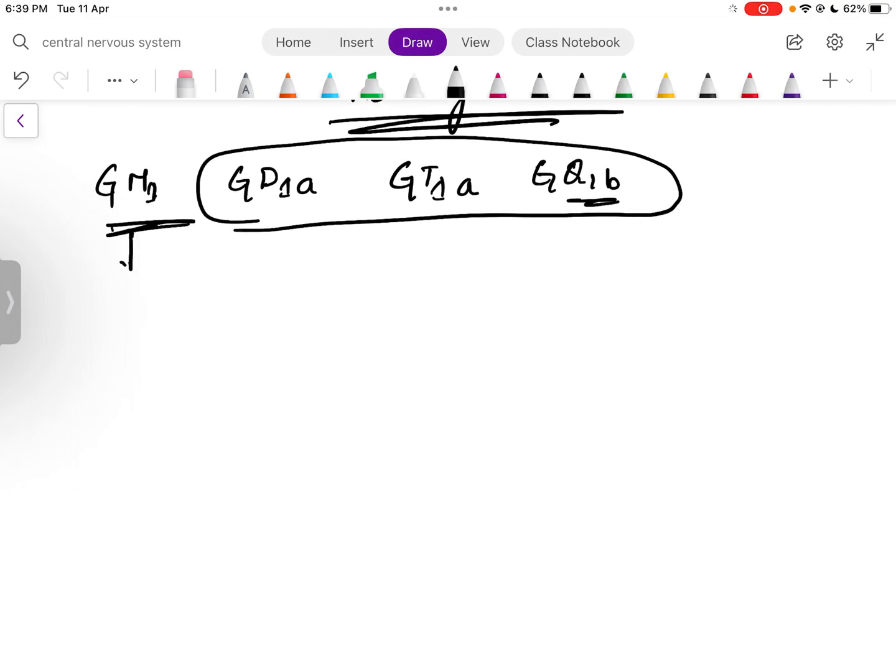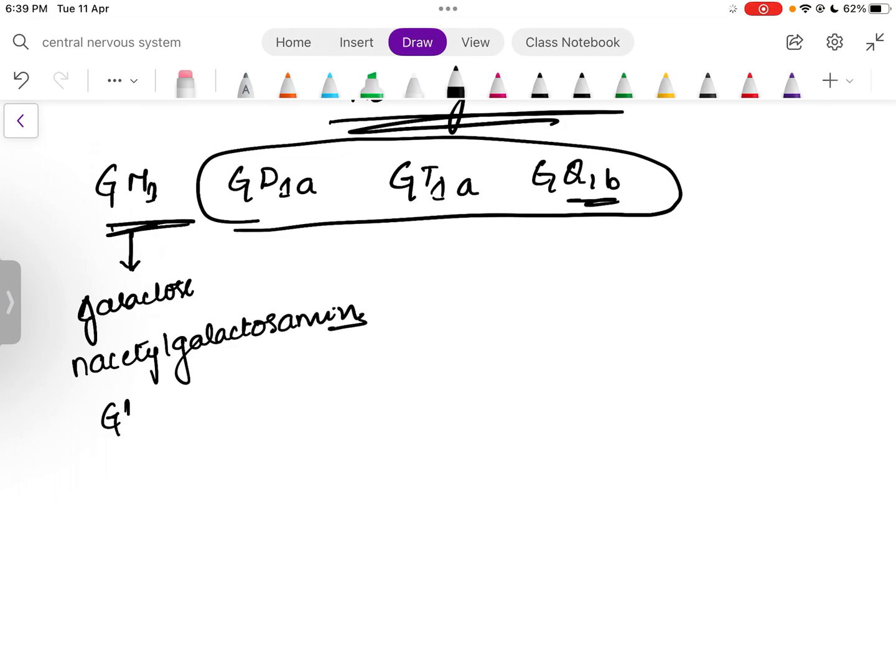GM1 is made up of galactose, N-acetyl galactosamine, glucose, and N-acetyl neuraminic acid.